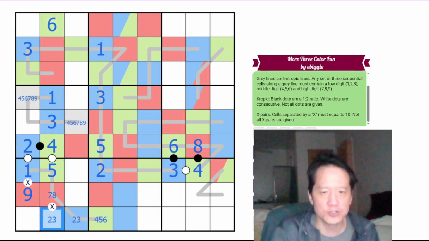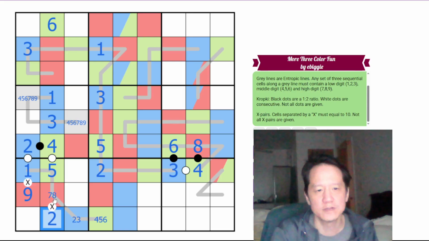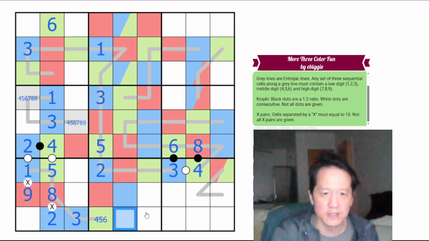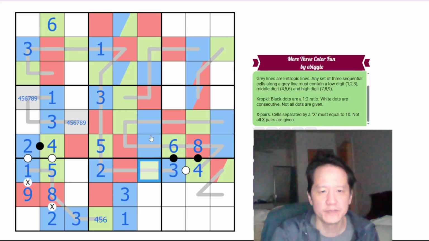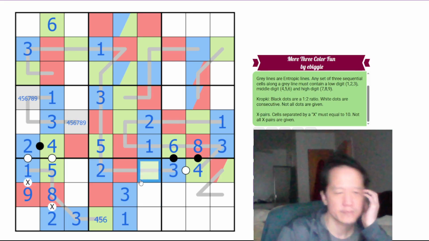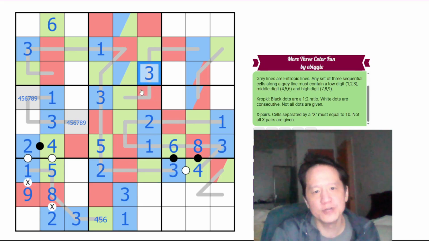This has to be 2 because a 3 eliminates all possibilities for this cell being the 3, so this is 8. This has to be a 3. This is a low and is therefore a 1. This must be a low and is 3. This can't be 2 or 3 here, so this is 1, which makes that a 2, which makes that 1. Therefore, this is 3. This has to be a 3.